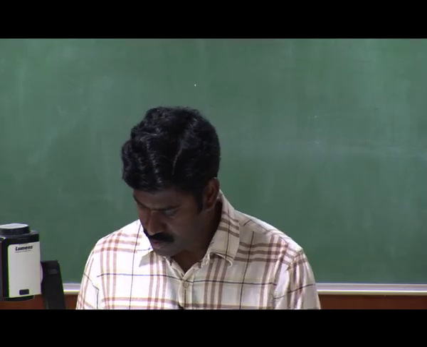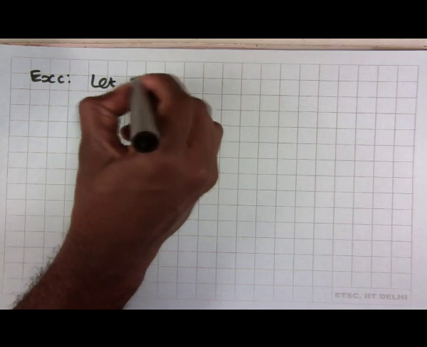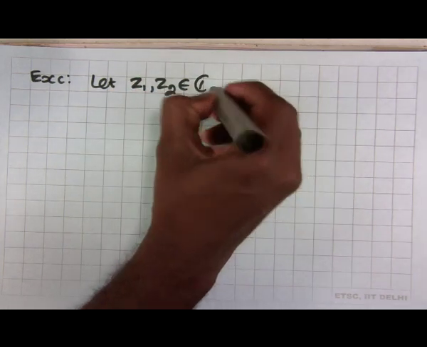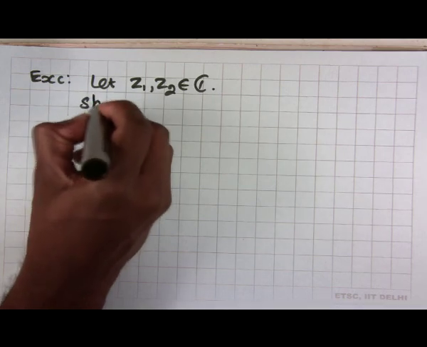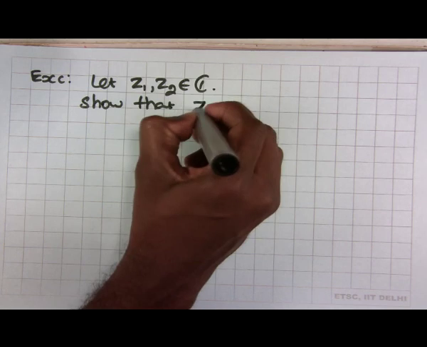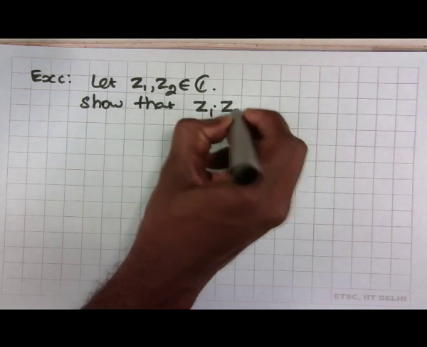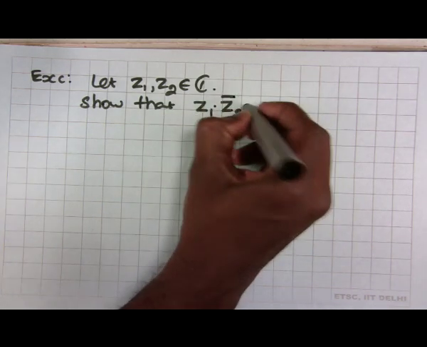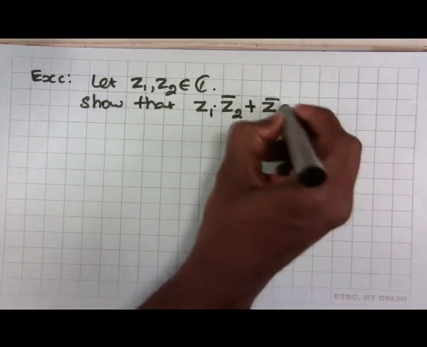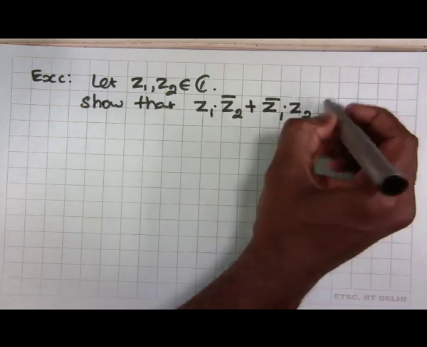One simple exercise: let z1, z2 be two complex numbers, then show that z1 multiplied by z2 bar plus z1 bar z2 is a real number.